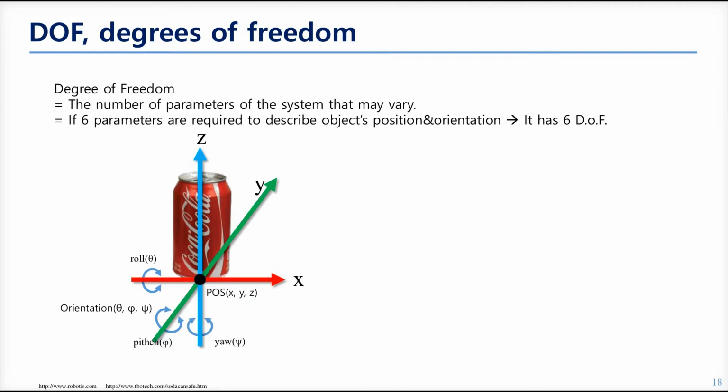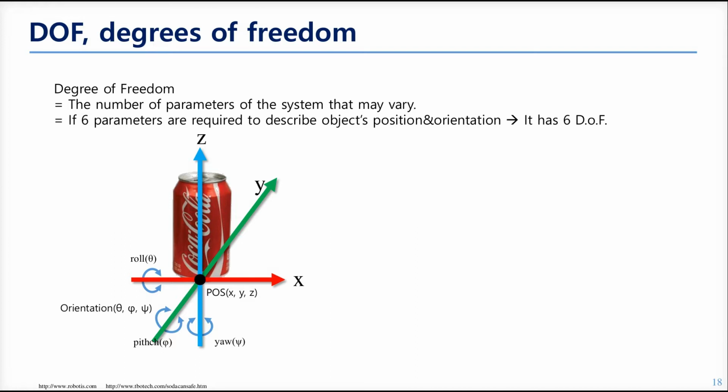The second important thing is the degree of freedom. Let's think about the can. Put it somewhere in a particular pose. It might stand straight or might lean towards somewhere. And this can be described with the axes X, Y, Z, and the revolution for each axis: roll, pitch, and yaw.